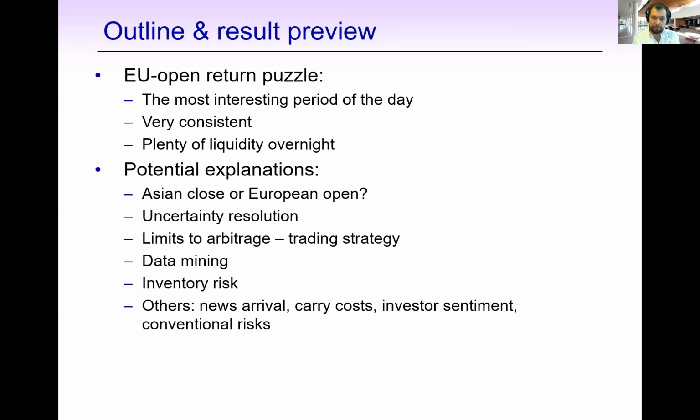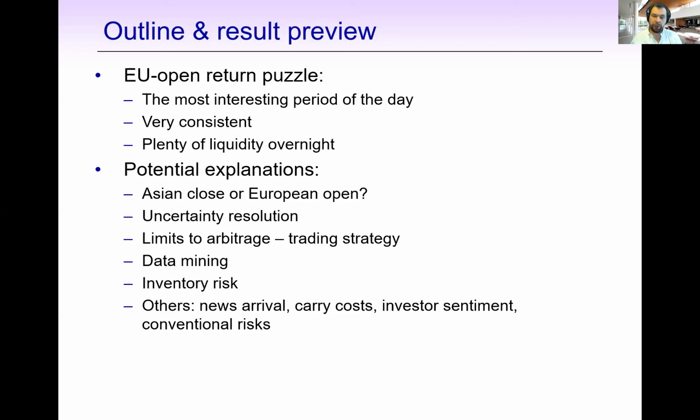Then we will extensively test uncertainty resolution, which is our preferred explanation. In short, uncertainty is relatively low during most of the day, as there is a critical mass of investors who try to process information as fast as possible, except that uncertainty accumulates during the overnight Asian session.